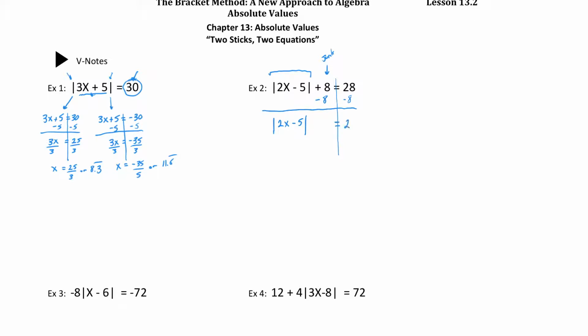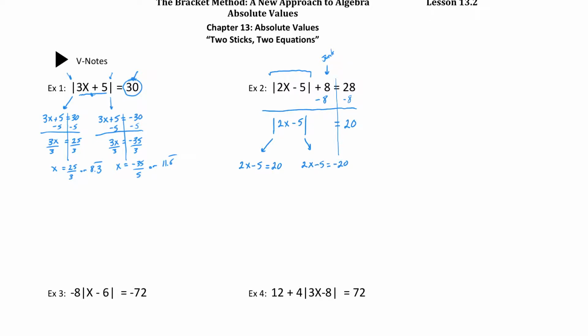So we end up with the absolute value of 2x minus 5 equals 20. Now at this point, in my head, I'm saying 2 sticks, 2 equations. So here we go. First stick, 2x minus 5 equals 20. And now we know the other equation is 2x minus 5 equals negative 20.